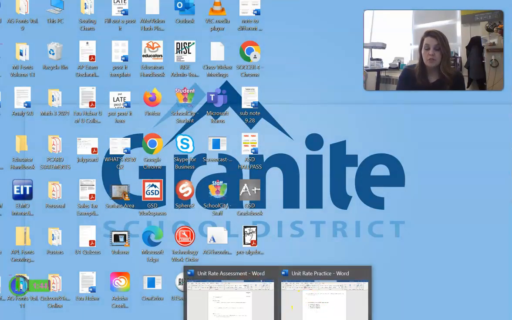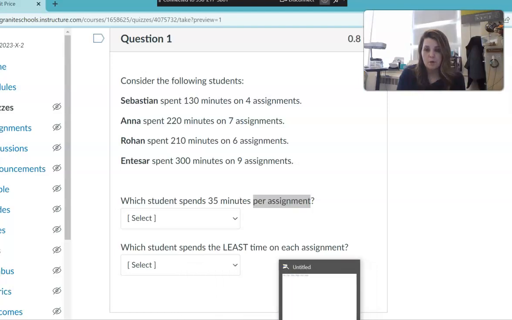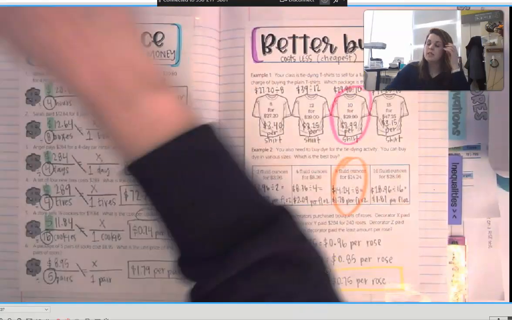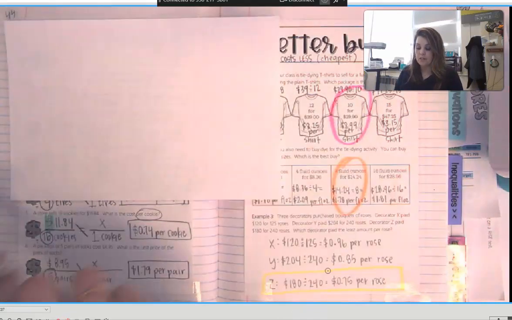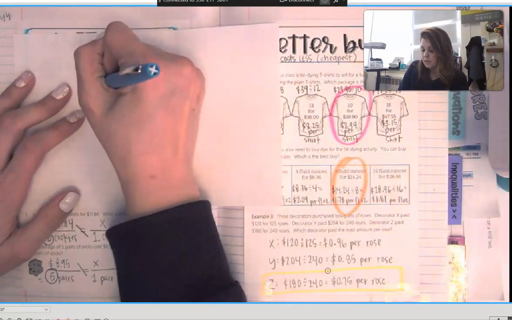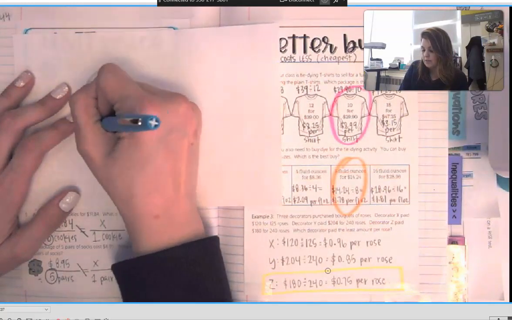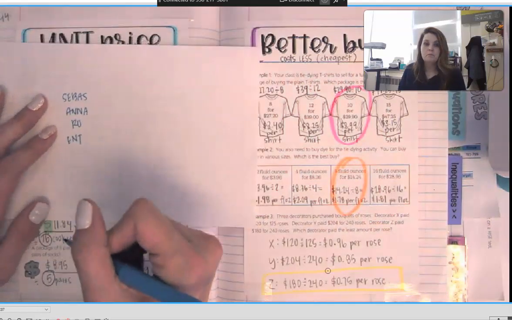On this particular quiz, it's probably a really good idea for you to use a piece of scratch paper or your whiteboard to keep track of all of the different things that you're comparing, because like in this problem, you're comparing Sabas to Anna to Rohan and then Entisar.